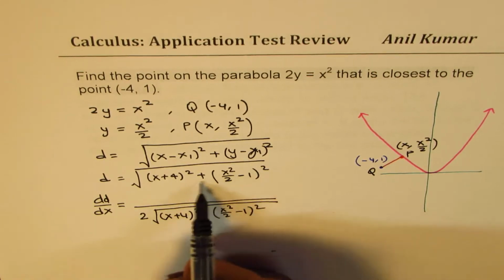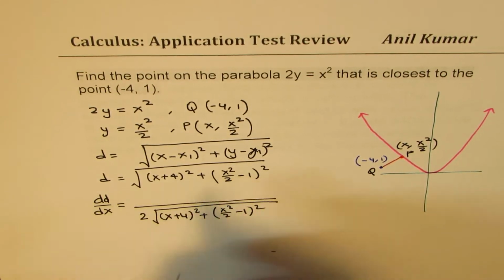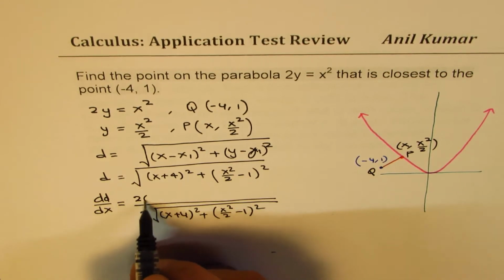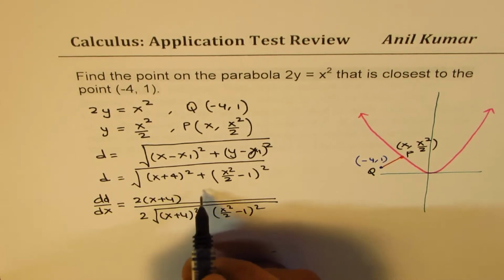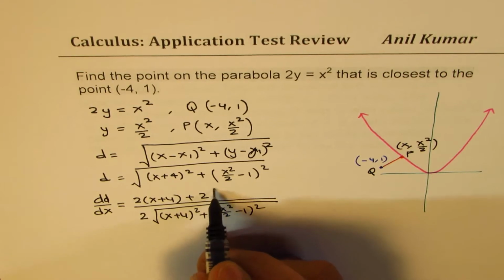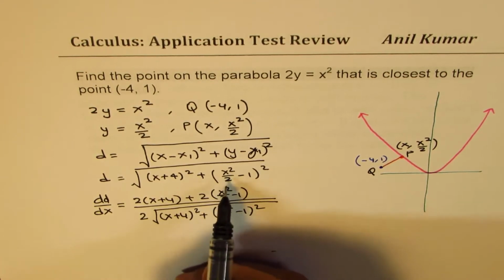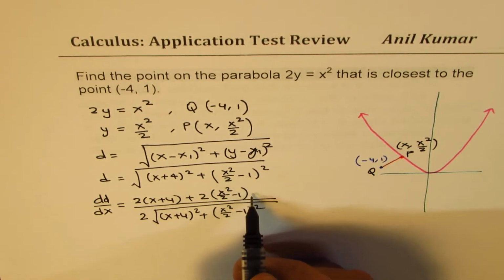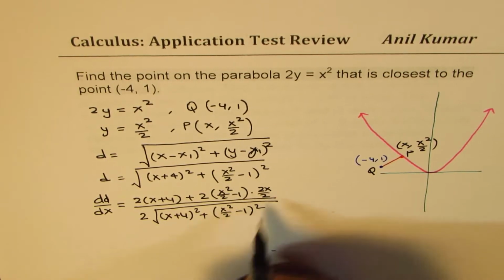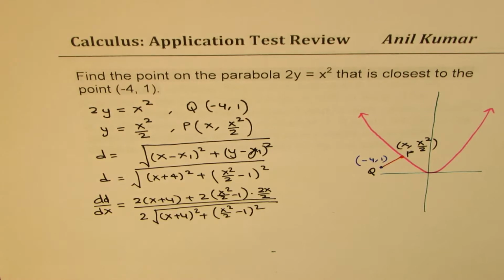On the top, we have to write the derivative of the inside function, which is 2 times x plus 4 plus 2 times x squared by 2 minus 1 times the derivative of the inside function, which is 2x over 2, right? So that becomes the derivative.